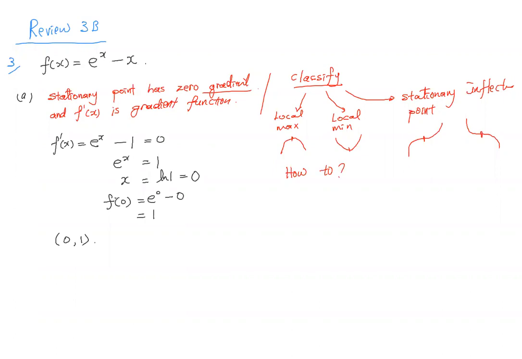Make a sign diagram of f prime x. Yeah, f prime x. So x can be any value, correct? So I put 0 here. Left hand side is negative, right hand side is positive. How do you know this? Calculator.